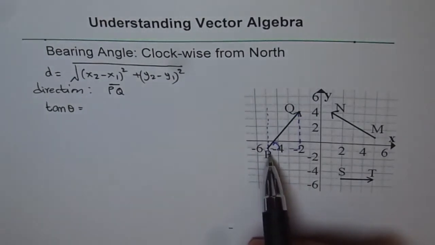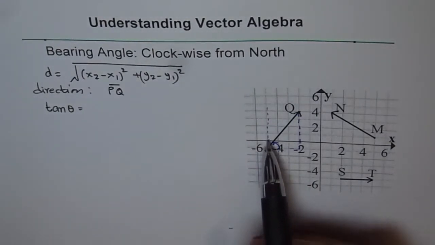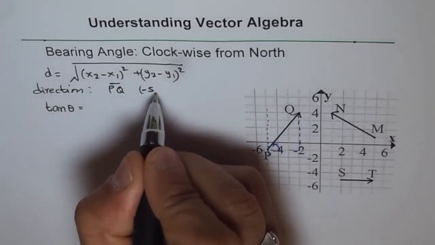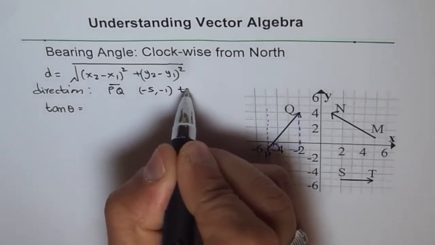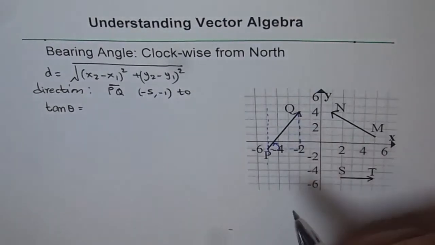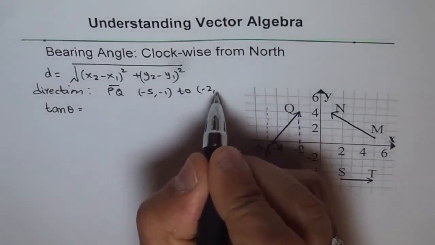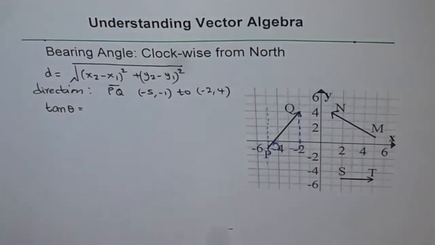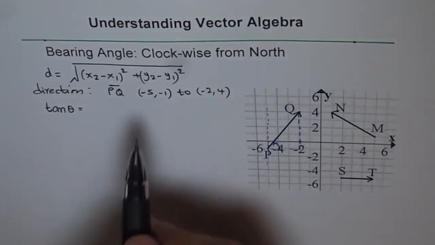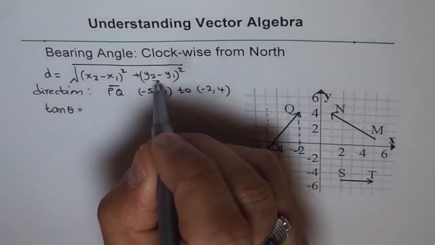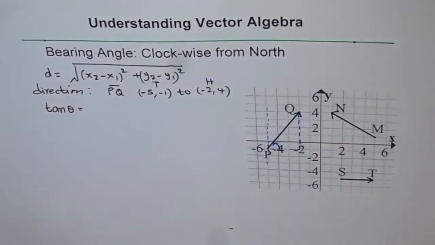The initial point for PQ is (minus 5, minus 1), and it goes to Q, which is (minus 2, 4). That is our vector PQ. That is the tail, let me write T here for tail, and there's the head.